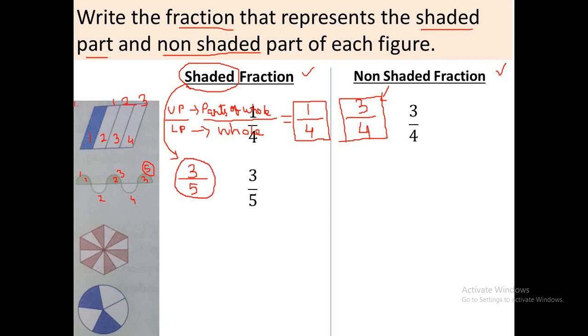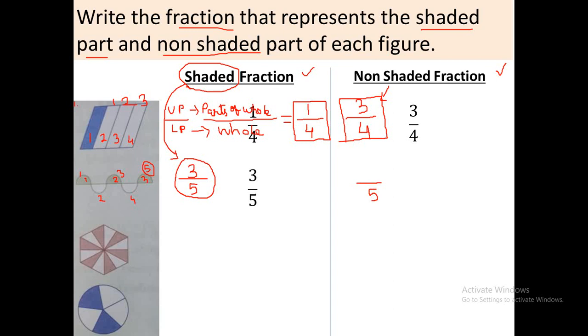Right? Now let's go to the non-shaded fraction. In the non-shaded fraction, I know the whole is 5. So I will write 5 in place of whole. Now come to the non-shaded.